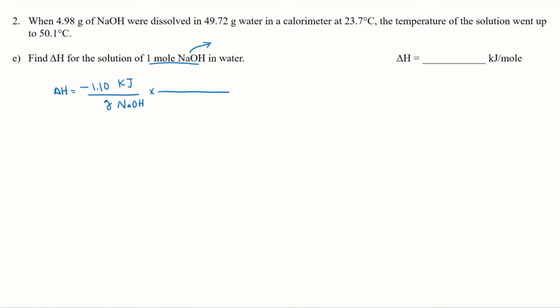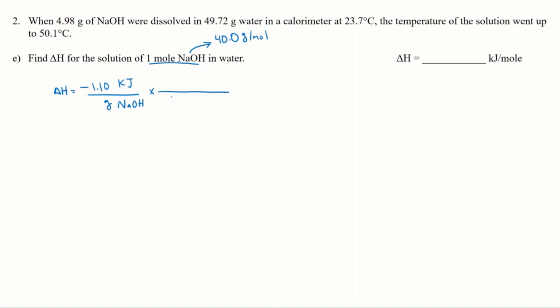So I need to look up the value for sodium, for oxygen, and for hydrogen in the periodic table, add them up, and I find that the molar mass of sodium hydroxide is 40.0 grams per mole. That means every mole of sodium hydroxide has 40 grams of sodium hydroxide.